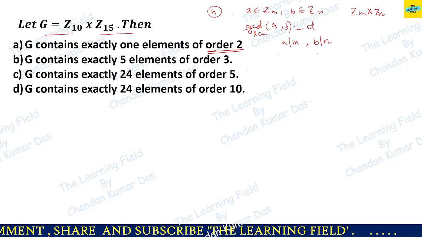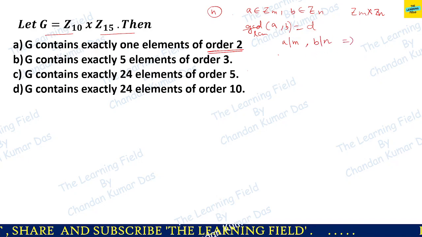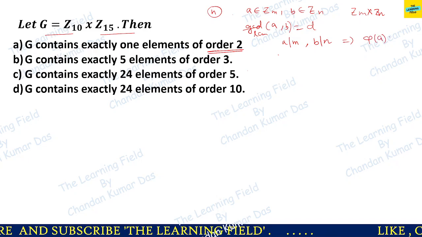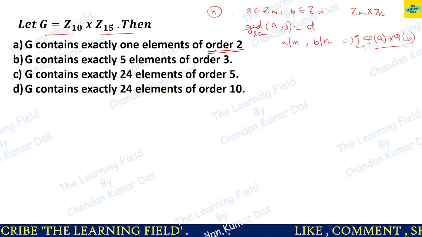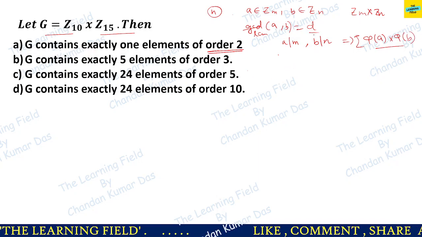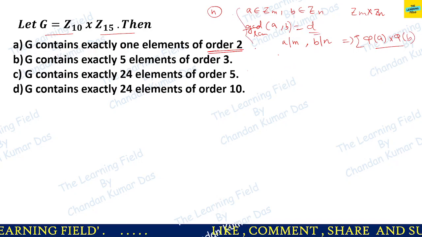Then we compute the summation of phi a into phi b, which is the number of elements of the required order d. So this is the theory behind the question.